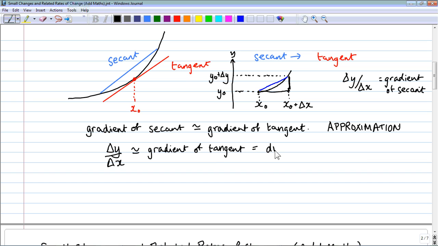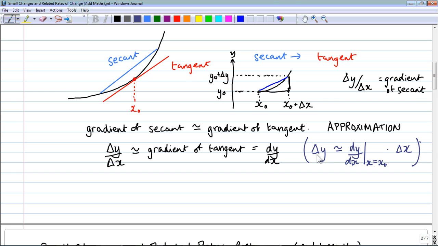But what's the gradient of the tangent? It's dy by dx. So we arrive at this special formula. Delta y is approximately equal to dy by dx at a particular value of x times delta x.